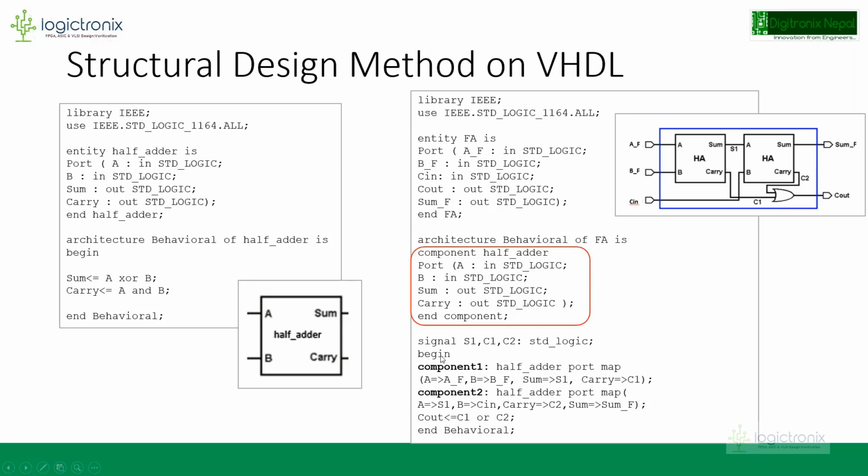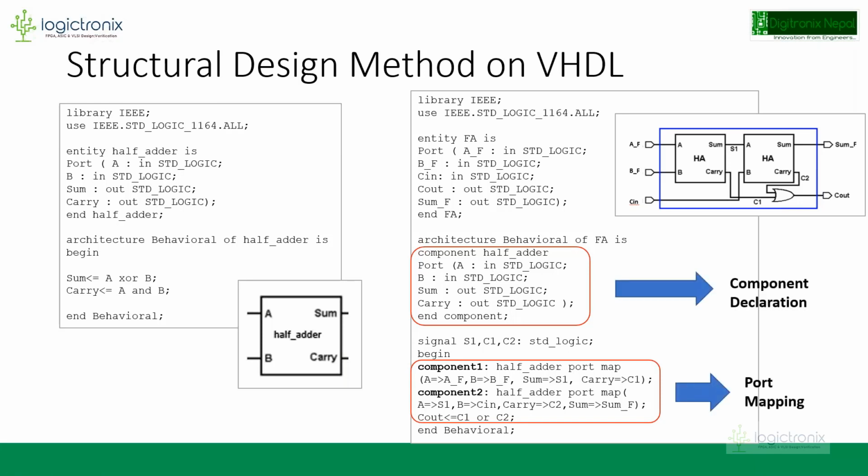We have begin and we have another segment called component port mapping. So actually this is the component section, and the next one is the port mapping. In the port mapping, we connect our child module with the top module.